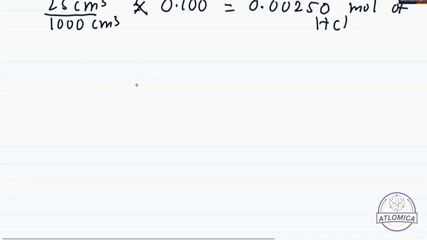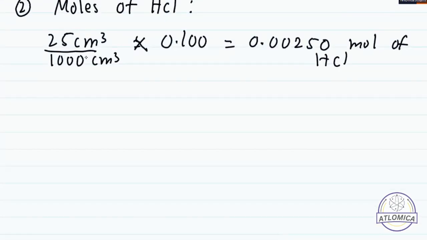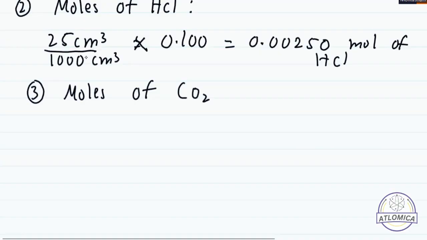Now I've found the moles of HCl. By applying the ratio method or unitary method, I can easily find the moles of our gas. I'm finding the moles of CO2, so I can easily convert it into volume, and then find the amount of gas occupying that container, the gas formed.